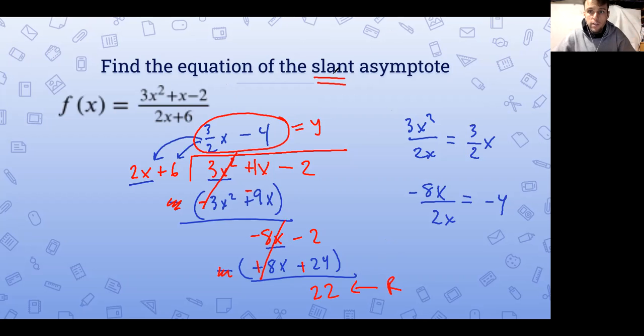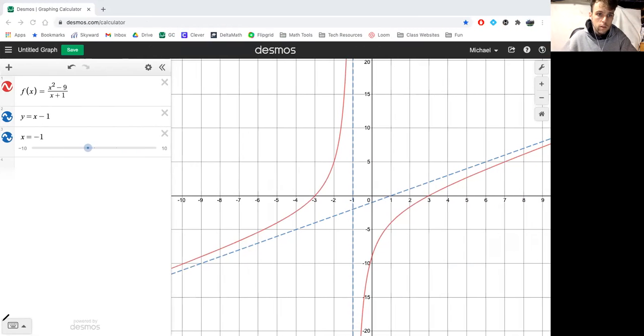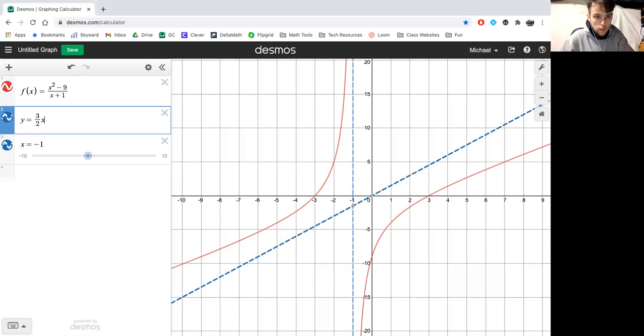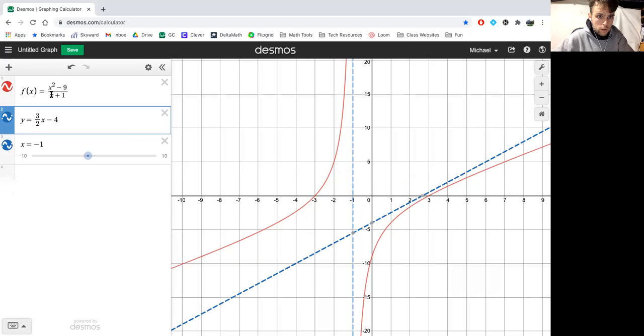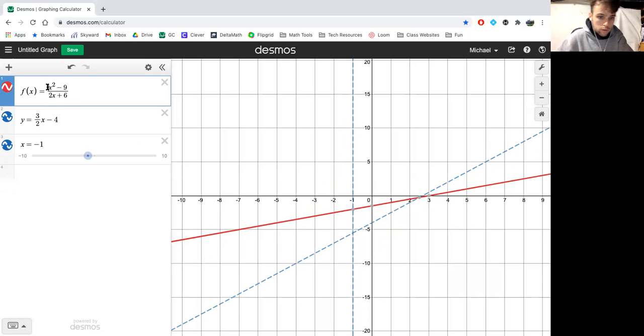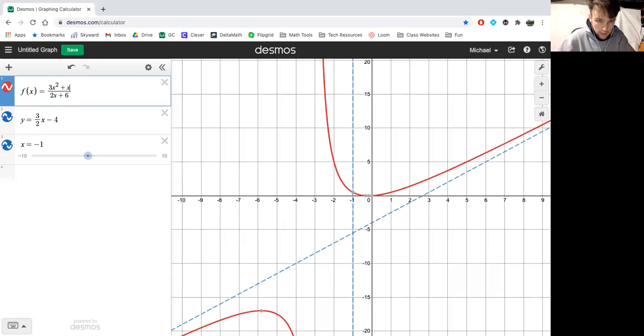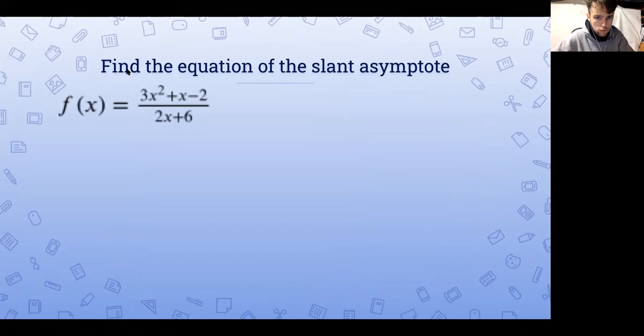And yeah, why not? Let's just take a look at it. y equals 3 over 2x minus 4. Perhaps I will get there. 3 over 2x minus 4. 2x plus 6, and it was 3x squared plus x minus 2.